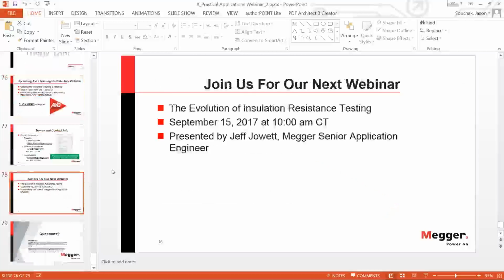That's why, after doing a tan delta test to get the global condition of that cable on a service aged cable, if you're really looking for reliability, you typically want to do also one other test to find out whether you have a local issue, because the tan delta will not show you the local issue, okay?